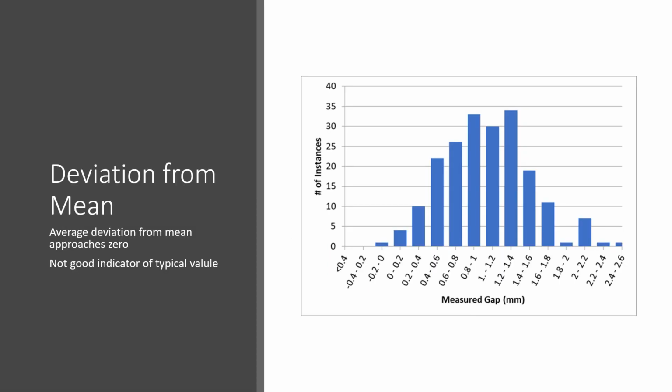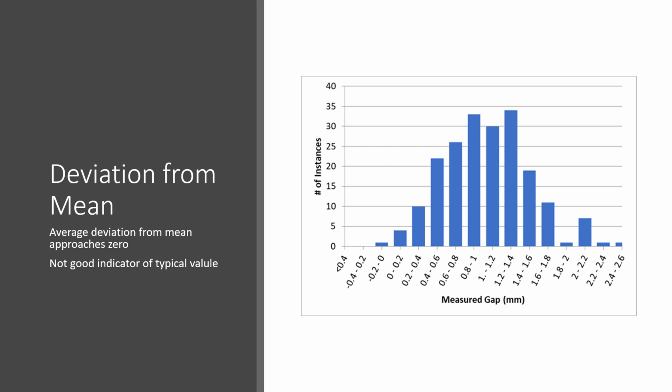One thing you might think is, why don't I just take the average of all my deviations? Wouldn't that give me a representation of the typical deviation? The problem is, if you have a symmetric distribution like this one, because you have some positive and some negative deviations, you're going to end up with something approaching 0, even for a large spread or a small spread.